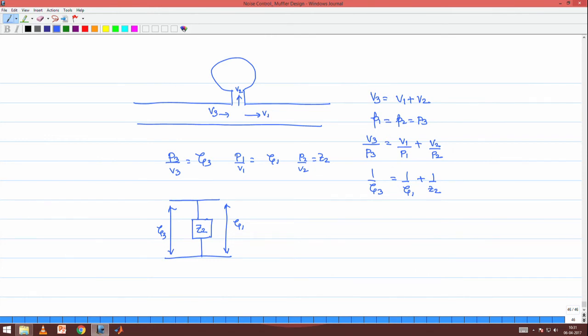And with this, what you can find out is about the Z2 impedance. What is the Z2 impedance? Z2 impedance is exactly the impedance of the Helmholtz resonator, because it is exactly the impedance at the inlet of the Helmholtz resonator, right. So, if the impedance of the Helmholtz resonator goes to 0, what will happen? This path will be short circuited, right. So, this is the circuit of only this portion.